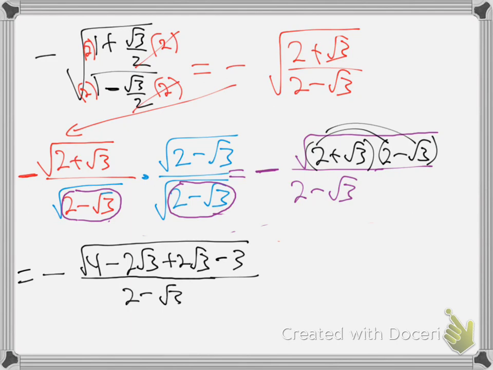The bottom, 2 minus root 3. See what I did? See how I FOILed that top? Can you do that FOIL? See how I just took this 2? It's first to both, second to both. And root 3, 2 3's in, 1 3 out. See how that 3 came out? Everybody seeing that?